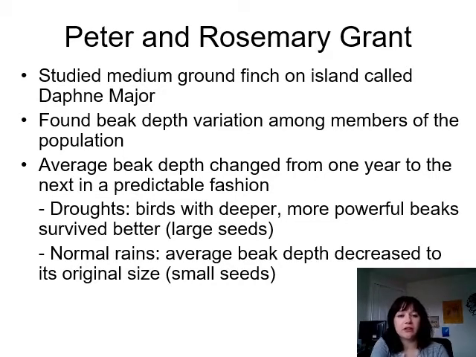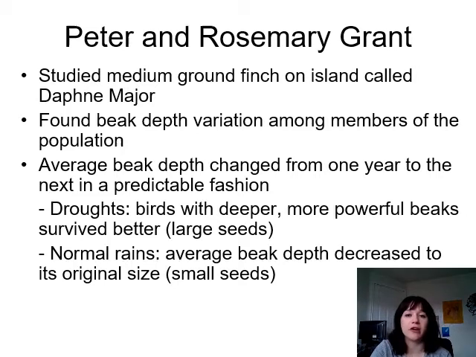And they found, first of all, that just in their first year, when they measured beak sizes in this population on this one island, there was variability, right? So some had slightly bigger beaks, some had slightly smaller beaks, right? The next thing that they found was that year to year, the average beak depth, so the most commonly seen beak size, changed, right?